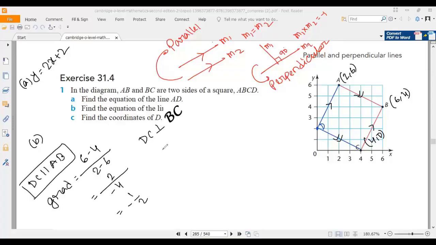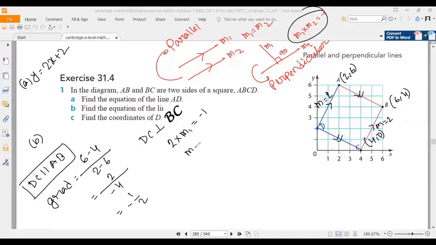Now, in another way, we can find the gradient of DC. Since DC is perpendicular to BC, the product of the gradients of these two lines will be -1. Let the gradient of DC be M1, and the gradient of BC is 2. The product of the gradients of these two lines should be -1 by using this formula.